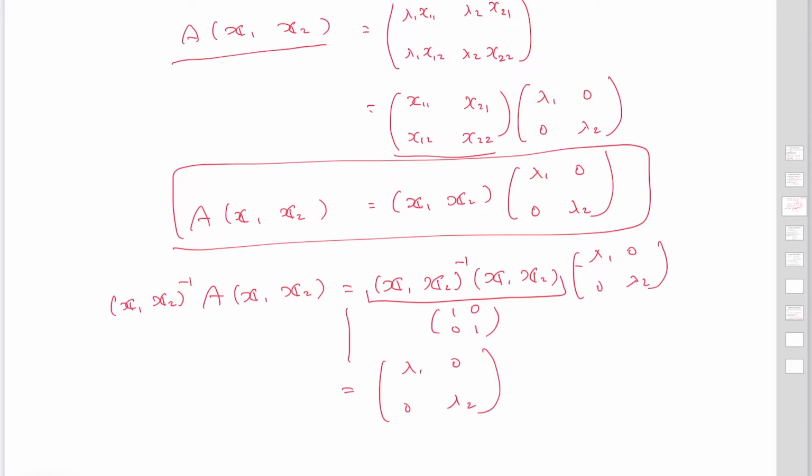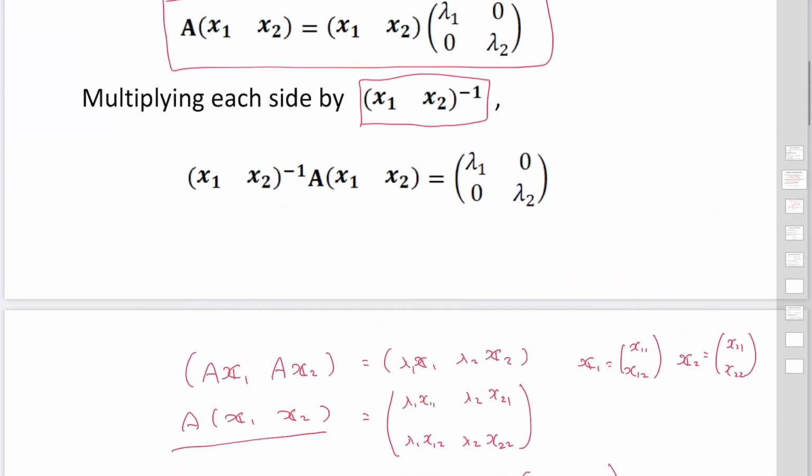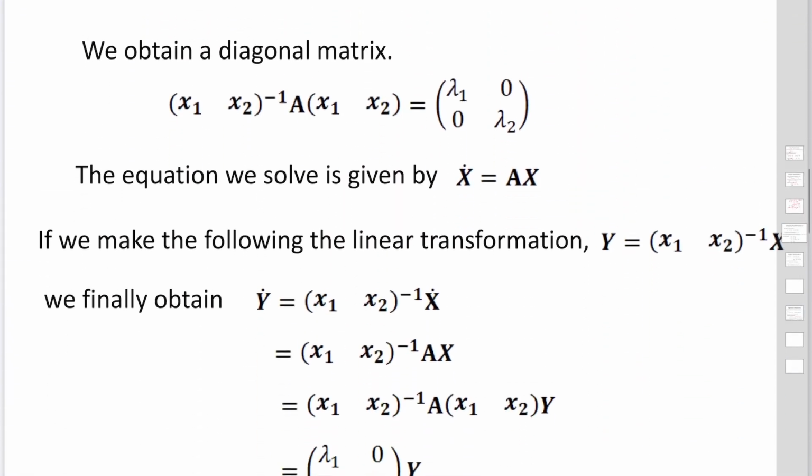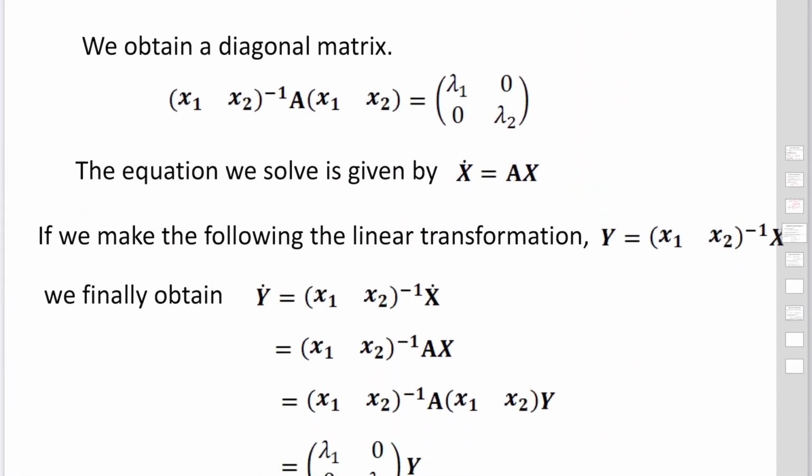By multiplying by the inverse of the matrix of x sub 1, x sub 2, we obtain the diagonal matrix if we know the eigenvectors and eigenvalues. The diagonal matrix has the eigenvalues as its components.